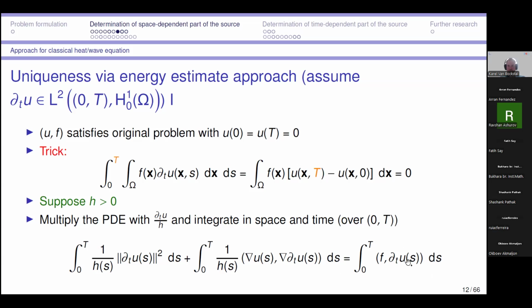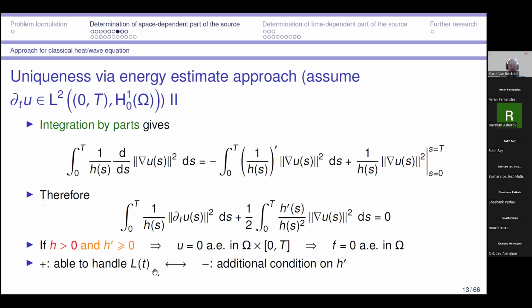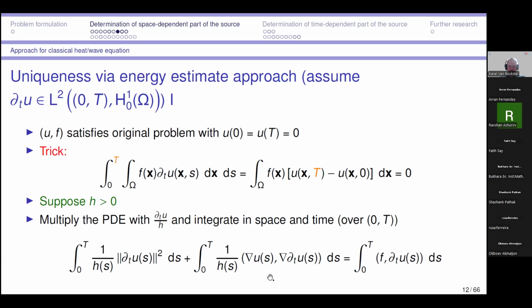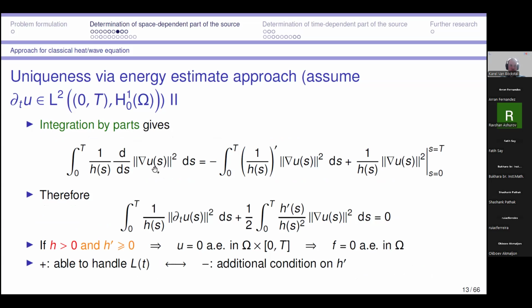The right-hand side is equal to 0, and we now need to conclude from this that these two terms are positive. We will apply integration by parts on the second term on the left-hand side. So we can rewrite the second term with the factor 1/2 in this way.